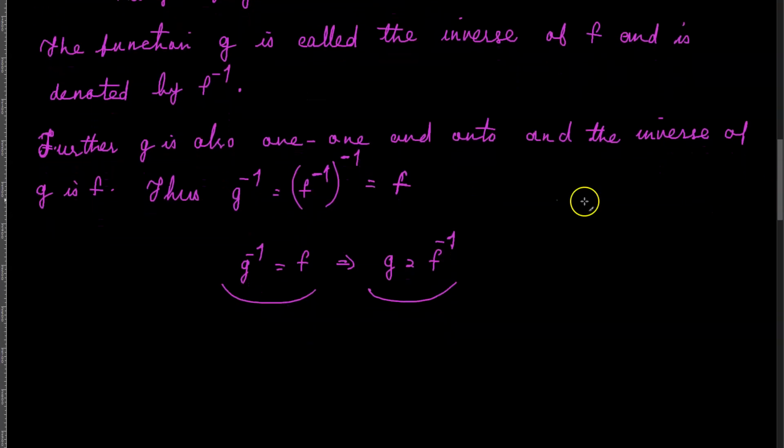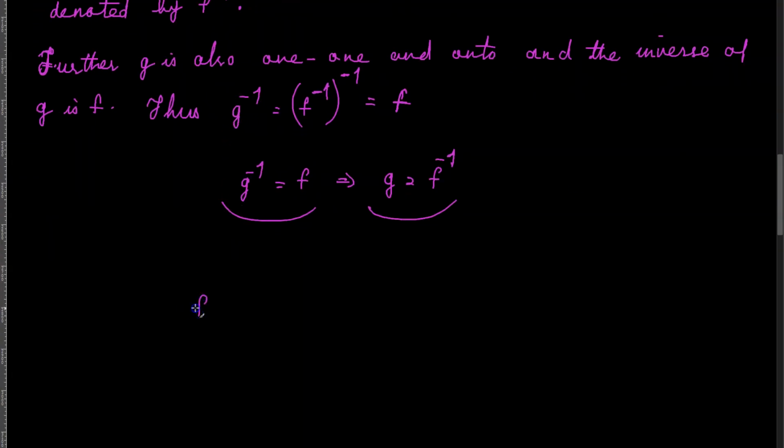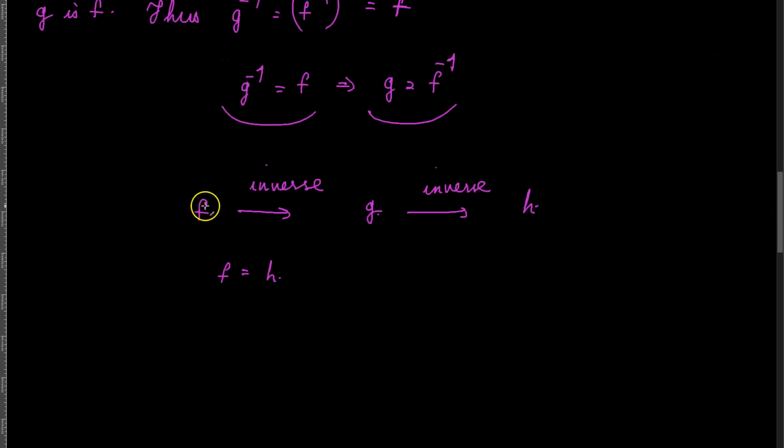And of course, suppose that you have some function, for example F, you take the inverse of that function and call it, for example, G. If you take the inverse of this function and call it, for example, H, what you will find out is that F is the same thing as H. Meaning that if you take F and take the inverse of that, and again take the inverse of that function, you will end up with F itself.